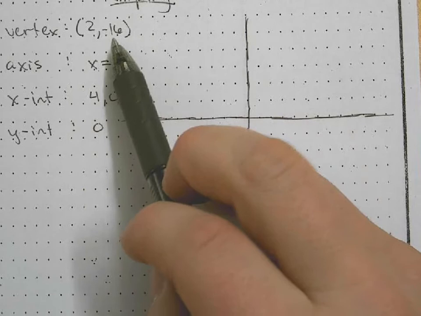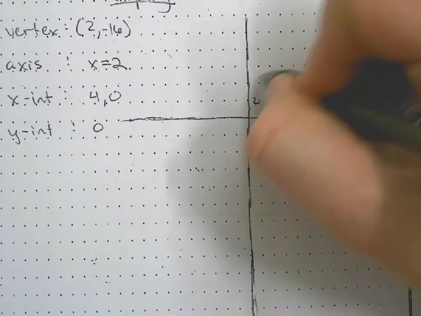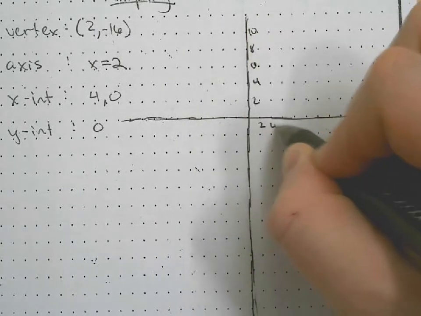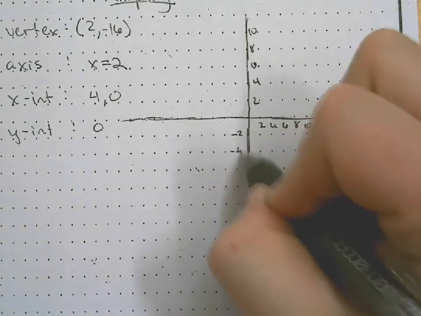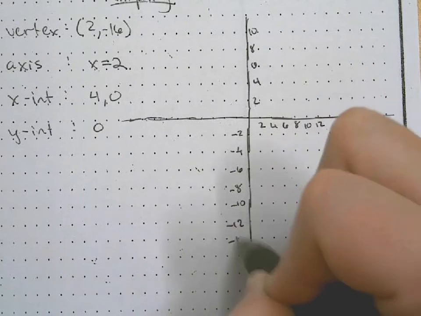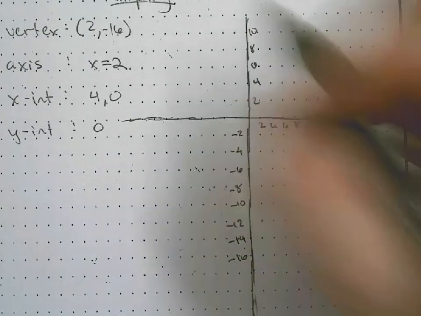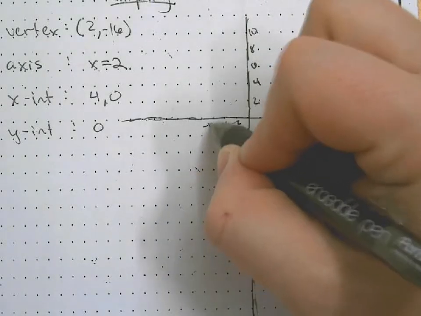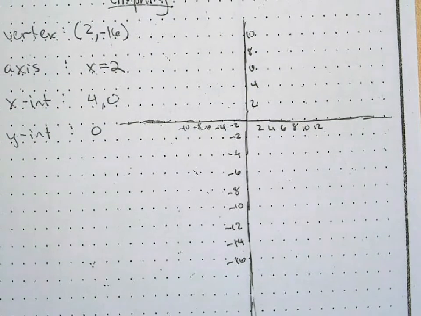Since I have this larger vertex number, negative 16, I'm going to count by 2's. That should be good.